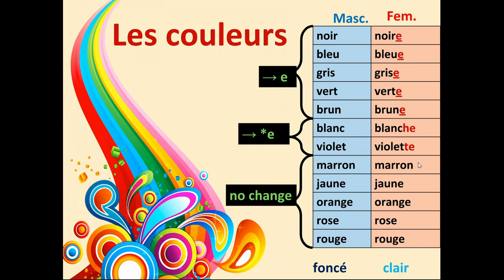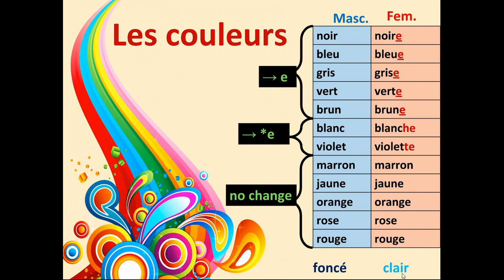There was a good tip to remember why. Can you remember that? So orange and marron are named after food. So a color that is named after a food will not change according to gender or number. Now I put at the bottom foncé and clair, and look at kind of the color I've chosen. So foncé means dark and clair means light.